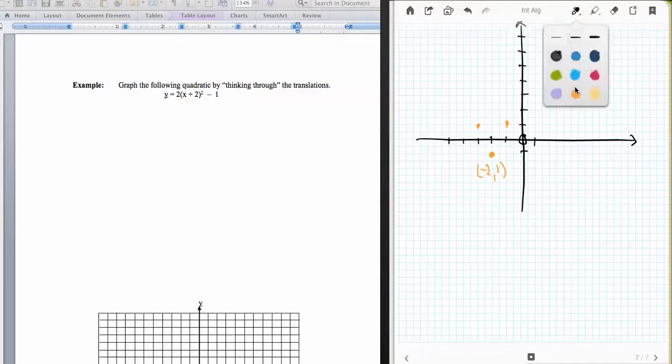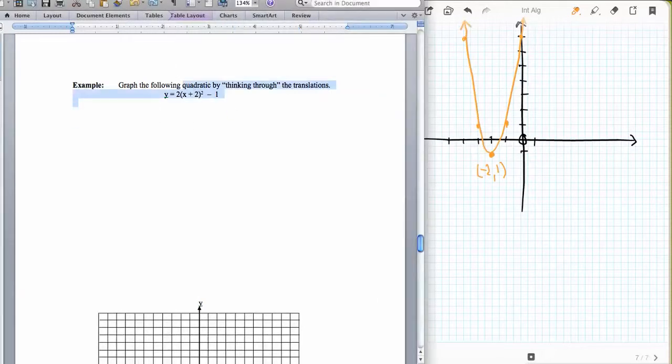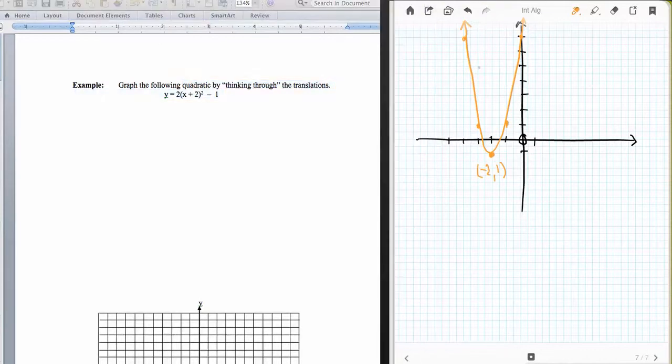And so there's my 7, and there's my 7. And so that's what my graph is going to look like for this function listed over here on this side of the screen. So that is y equals 2 times (x plus 2) quantity squared minus 1. So that's what I have when I look at this entire thing.